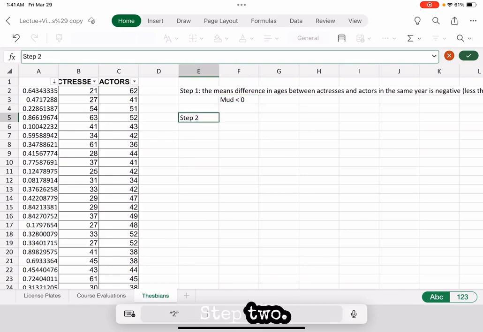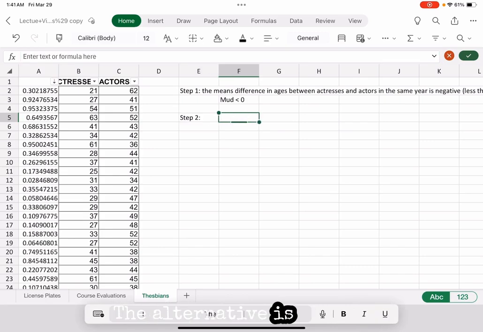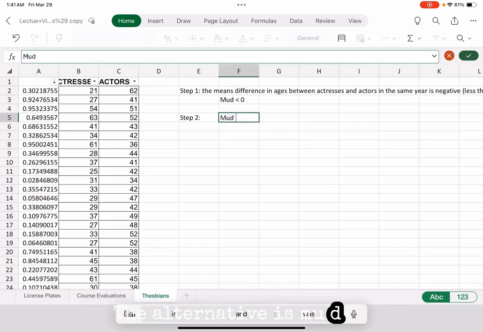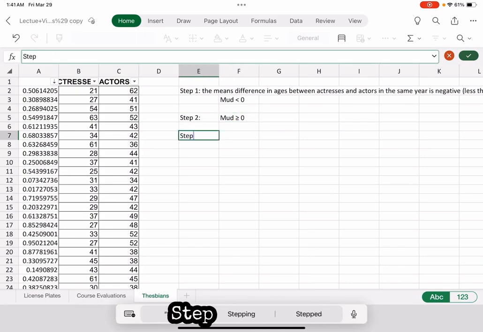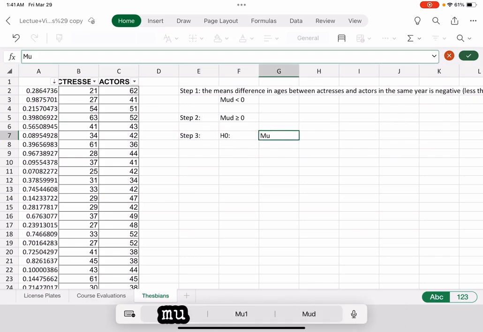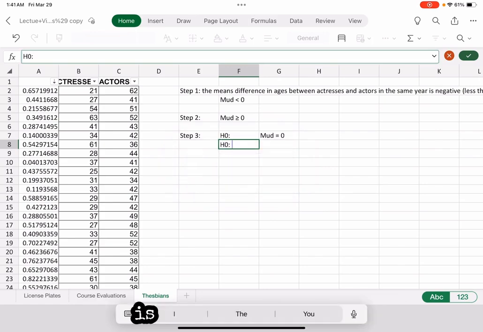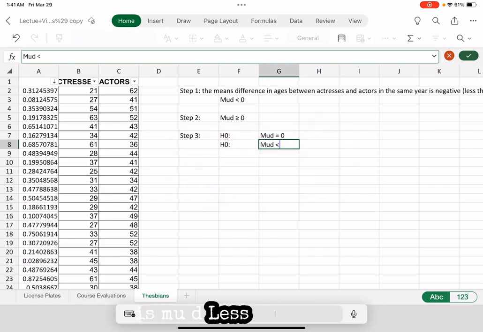Step 2, the alternative is mu d is greater than or equal to 0. Step 3, the null hypothesis is mu d equals 0. The alternative hypothesis is mu d less than 0.